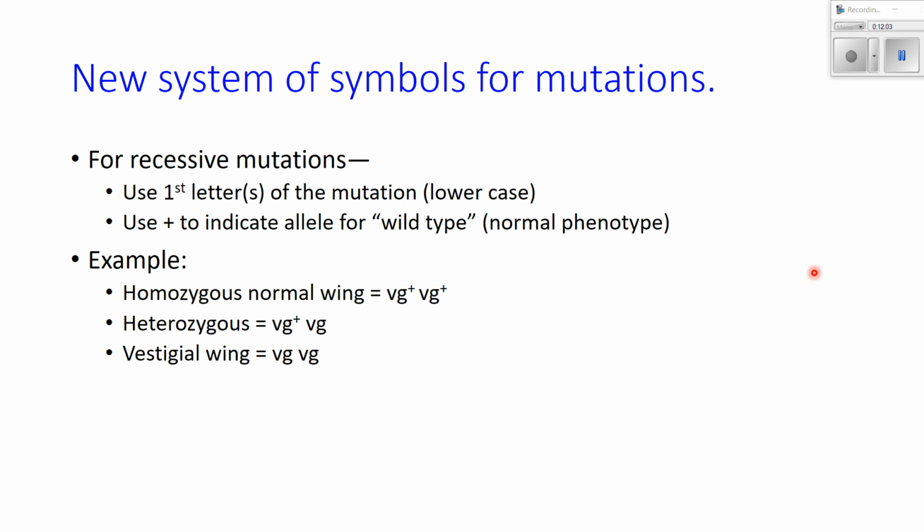For some reason, they chose not to use the traditional system of taking the letter of the dominant trait and using a capital letter for the dominant allele and a lowercase letter for the recessive. I don't know why they didn't stick with that, but they came up with their own little weird system, and this is still used today. Whenever you're doing fruit fly genetics, we still use T.H. Morgan's system for symbolizing genes.